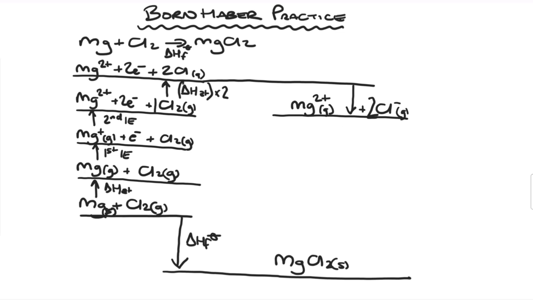And so the final step will be the lattice enthalpy. I'll take this one as a positive value this time. And so remember, lattice enthalpy can be in either direction. You would just look at the sign of the value that you're given. And this would be the first electron affinity.